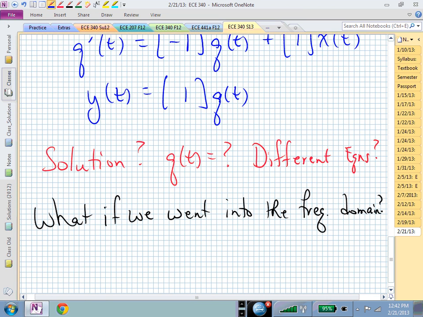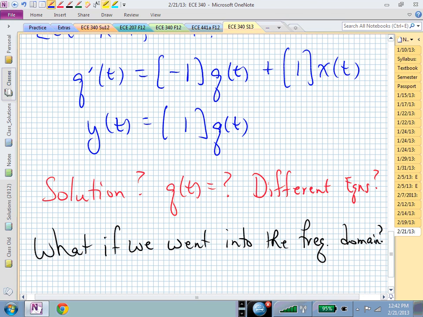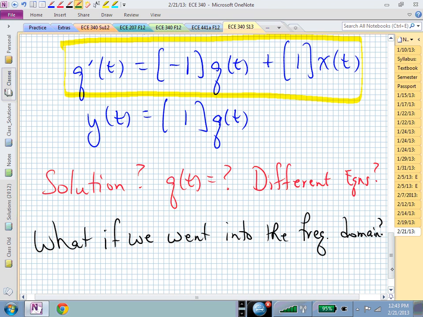So we're Laplace transforming this equation, and we want to do that because we think this will maybe make our life a little easier if we want to solve this, because we don't want to go back and remember our differential equations. Let's just go into the frequency domain and do some algebra and then figure out what's going on.